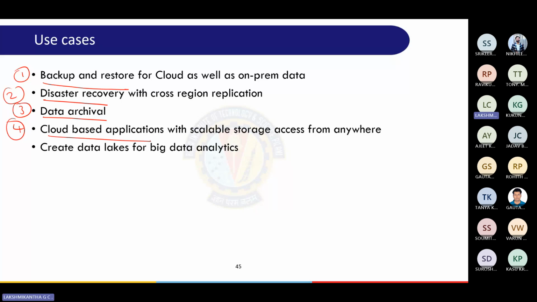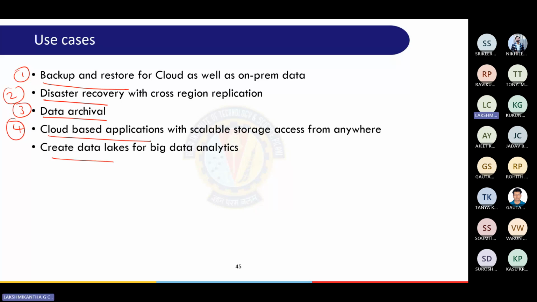It provides scalable storage, accessible from anywhere, for cloud native applications. And finally, it creates data lakes for big data analytics. This is the big data killer feature. S3 is the single centralized massive repository for all your raw, processed and refined data. It serves as the core of your modern data lake architecture.